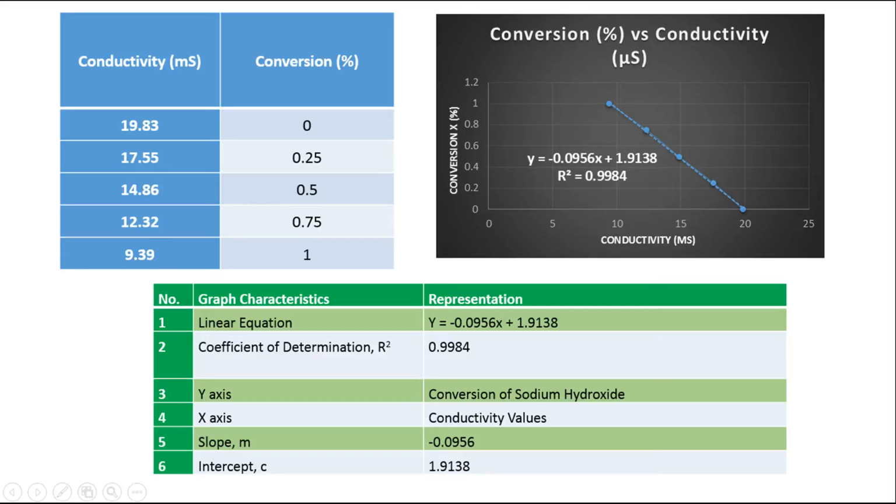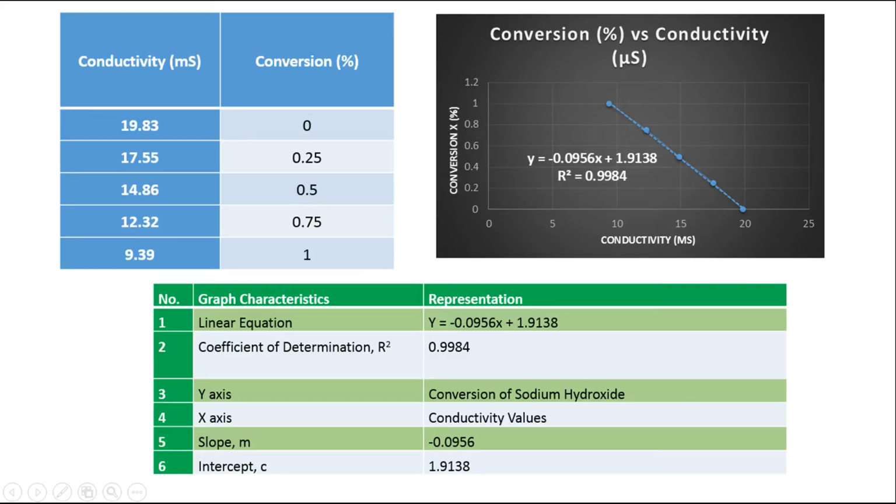The slope m, negative 0.0956, and intercept c, 1.9138, were used for experiment B and were keyed into the computer software. The conductivity is a measure of the amount of ions in the batch reactor. In the saponification process, the reaction between ethyl acetate and sodium hydroxide produces sodium acetate and ethanol.